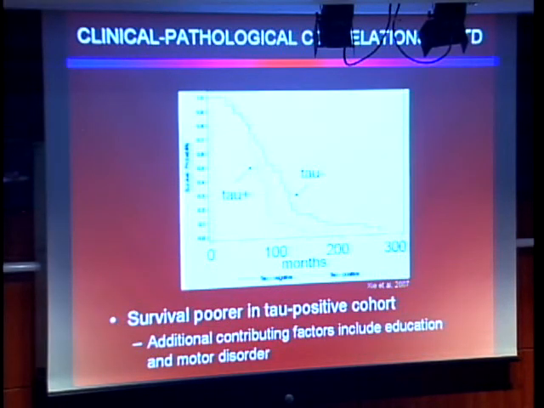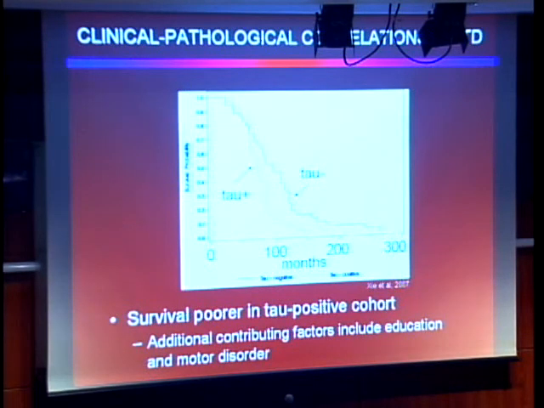This is important to know, not for some abstract academic reason, but because there's a difference in survival depending on whether you have tau positive or tau negative pathology in the brain. We find in our autopsy series that there is better survival for tau negative than for tau positive conditions. This is the percent of survival.